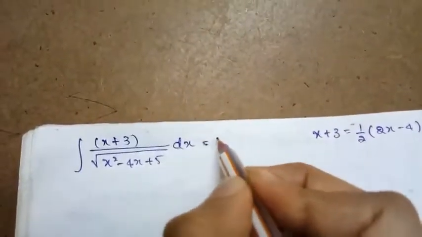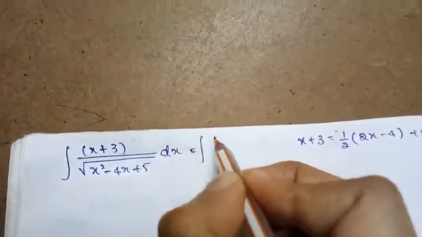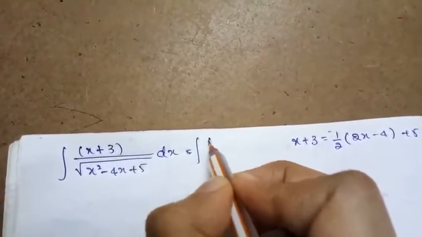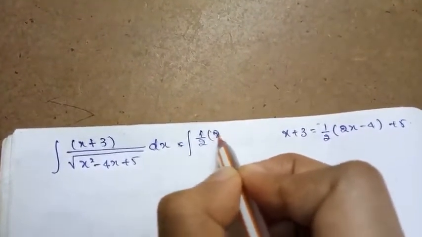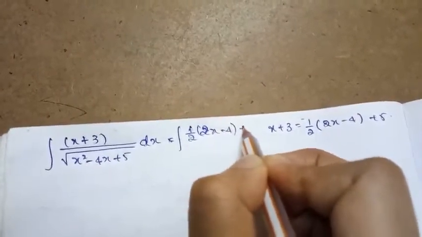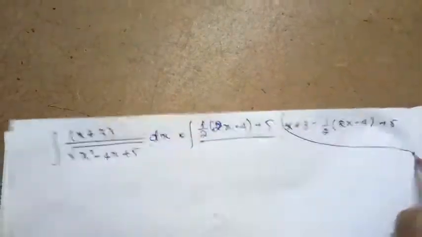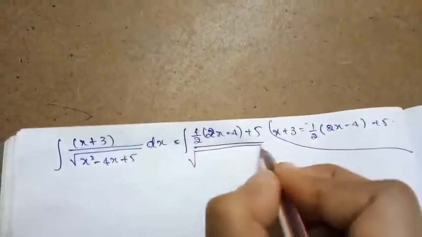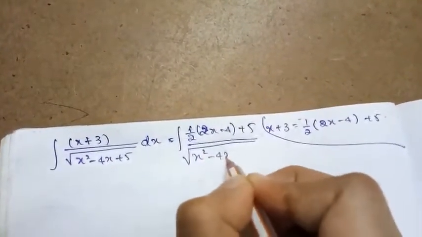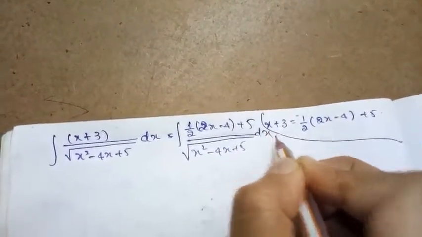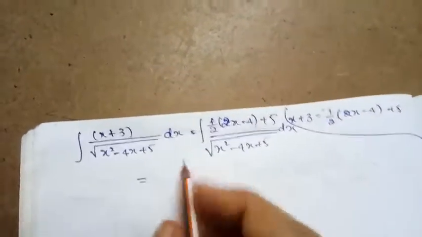So what it will become? 1 by 2 times 2x minus 4 plus 5 divided by square root of x square minus 4x plus 5 into dx.